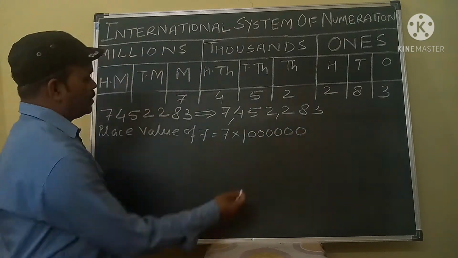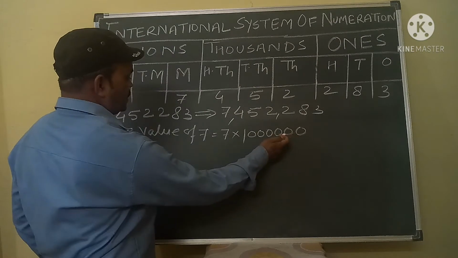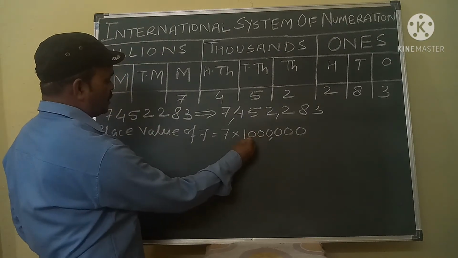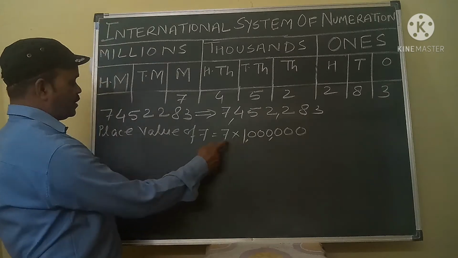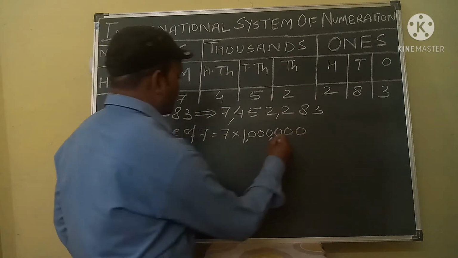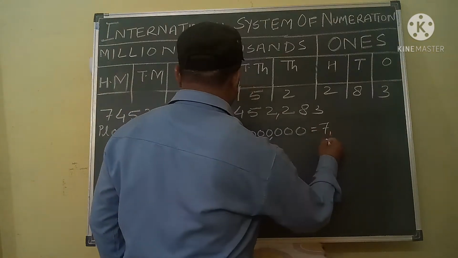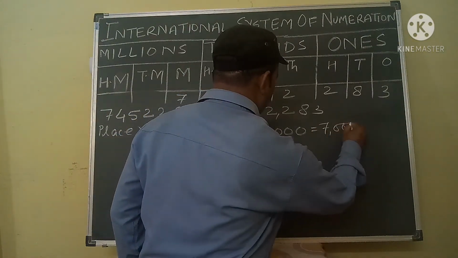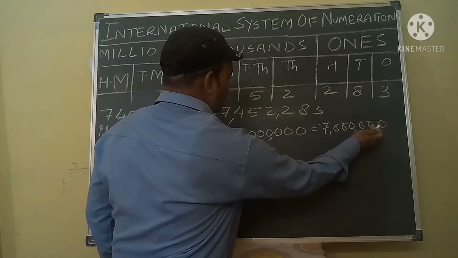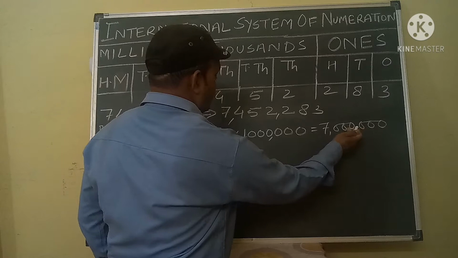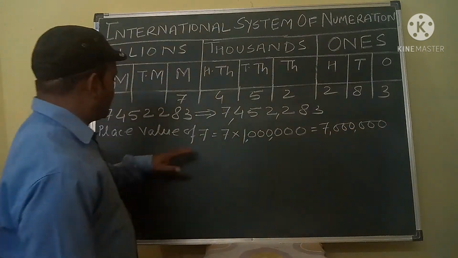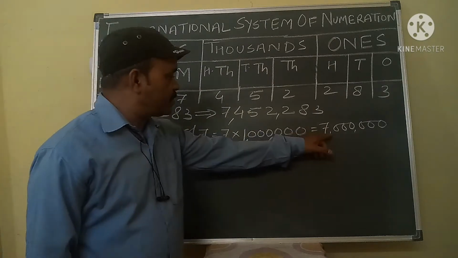Look here. This is ones, tens, hundred, thousand, 10,000, 100,000, then after million. 7 multiplied by 1 million, so you will get 7 million. Place value of 7 is 7 million.